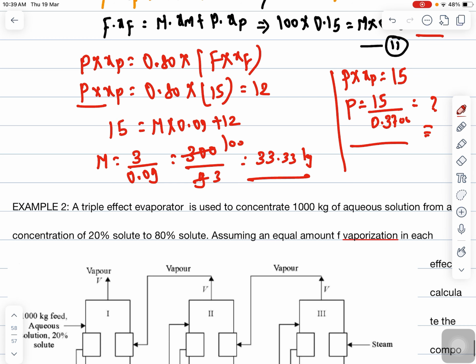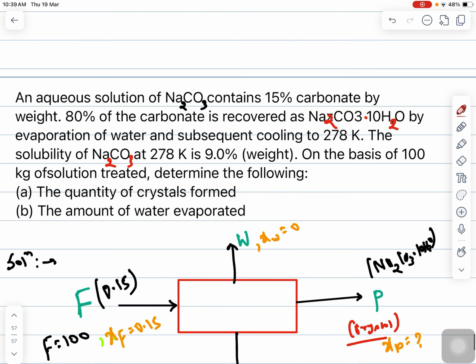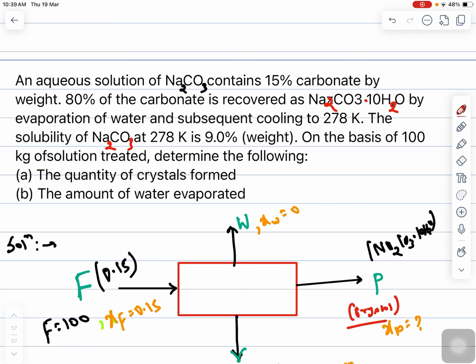You just have to include all the concepts, all the material balance I have told you. First you have to perform the overall balance. When I was talking about the steps for solving material balance problems without chemical reaction, I explained that first you need to understand what kind of data is being given in the problem.